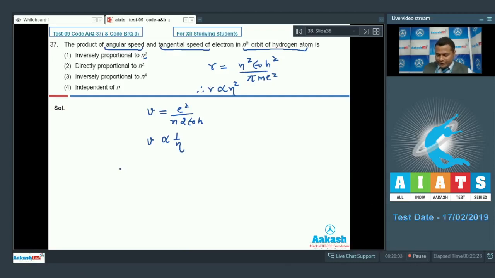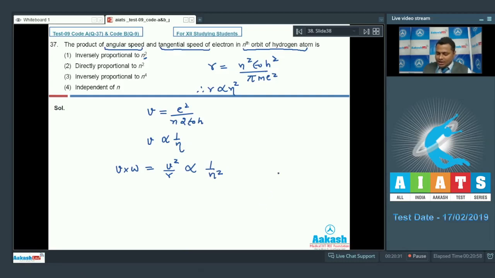Now if we multiply the linear or tangential speed with the angular speed, it will give you what? Centripetal acceleration, since v equals r omega. So ultimately it is omega square r, or you can write it as v square by r. Now v is proportional to 1 by n, so v square is proportional to 1 by n square.